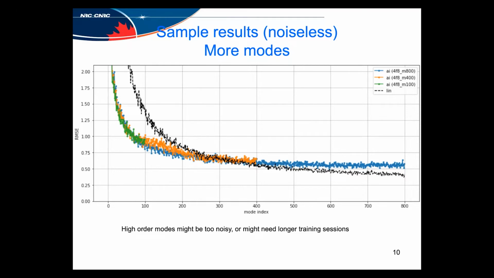I think also these modes are very noisy. If it's just random noise, there is no reconstructor that will do better. So I think it might be the case that the SNR is just too small on these modes.